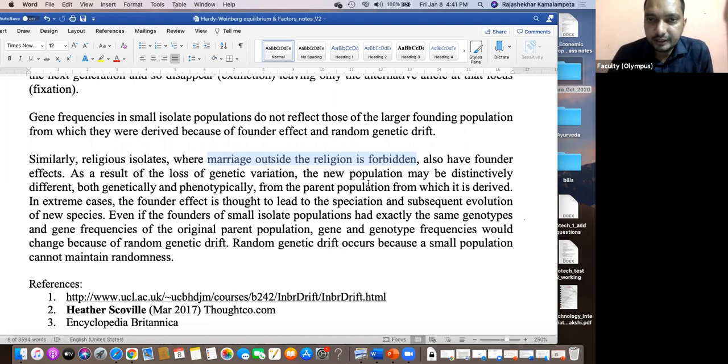So yes, they can be taken as an example for genetic drift or isolation. Any tribes, any small populations that restrict themselves to themselves could be taken as examples. You can pick up several of them from the socio-cultural anthropology part.